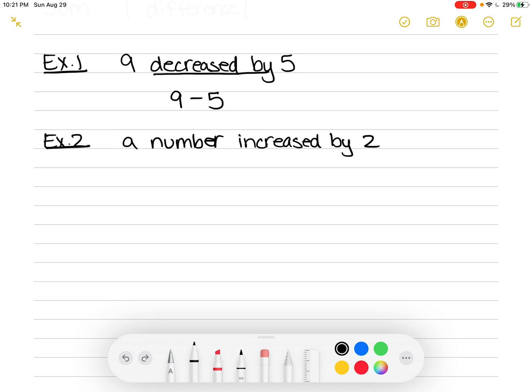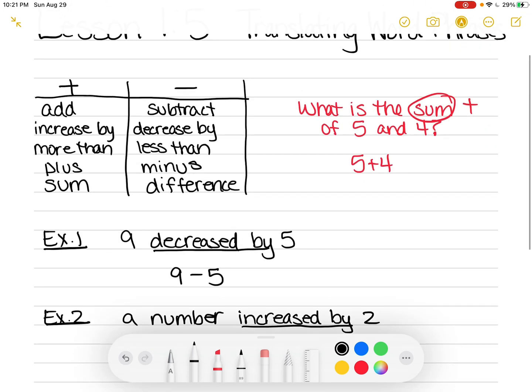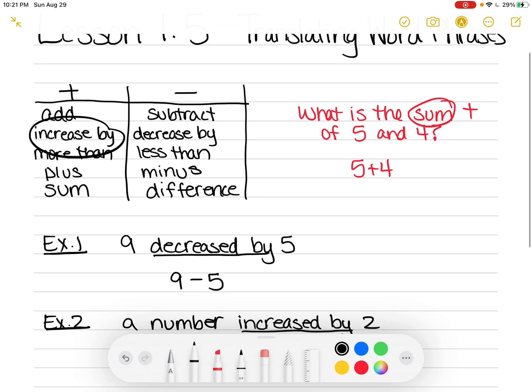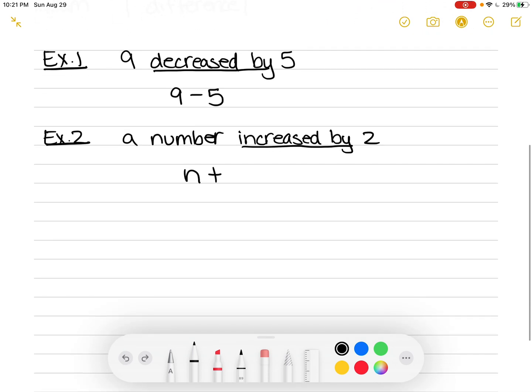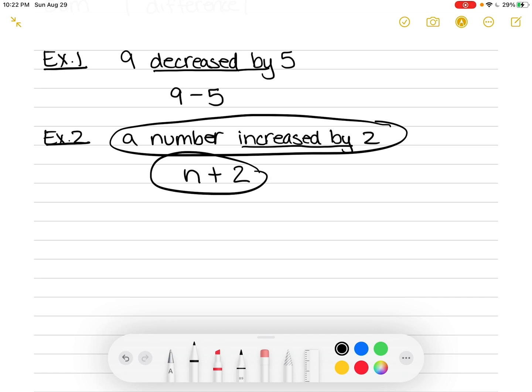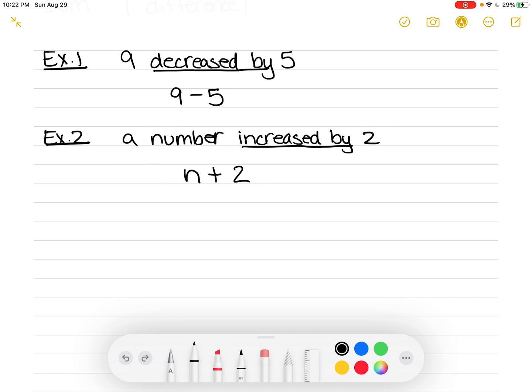So what we're going to do is we're going to call it X or A or B, or a lot of times when it says a number, I like to use N because it stands for number, right? And then increased by means I'm going to add, right? That's in my adding part up here, increased by. So I'm going to have n plus 2. That's the way we would write that in math. So this is in words, right? And this is in math or numbers. So a number increased by 2 would look like this, n plus 2.